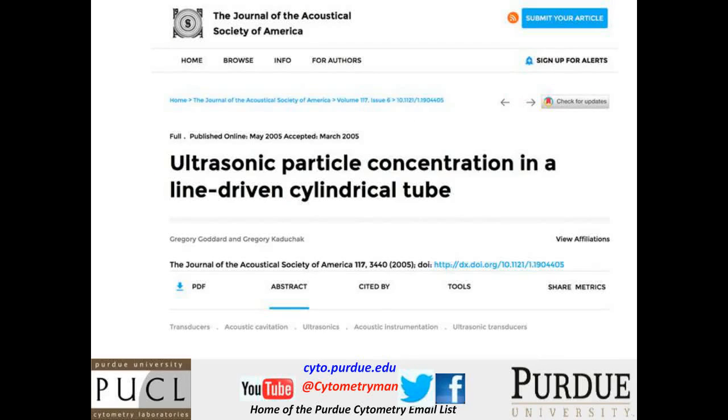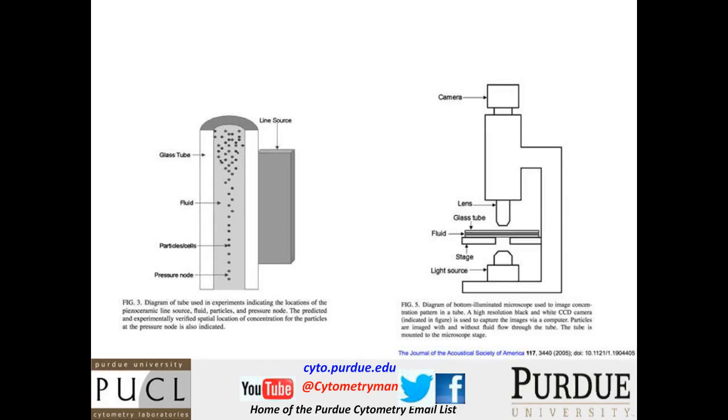Well, perhaps not. But had you been looking for this sort of technology, then you would have learned about the beginning of acoustic flow cytometry. So let's look a little bit at the paper that Greg published.